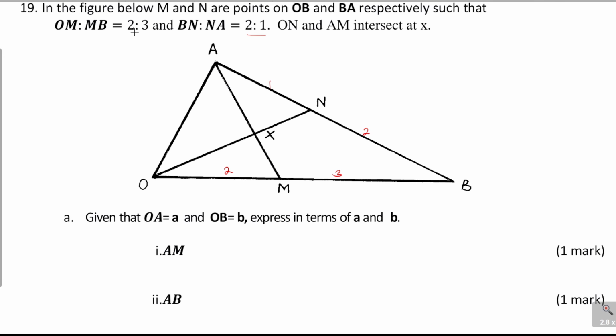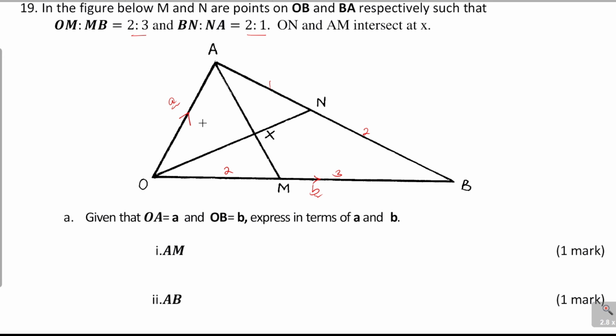So that is how we begin. Then I don't think we have anything else. ON and AM intersect at X. You're given this vector OA. It is good to note the direction, that is A, and then OB, that is the vector B.